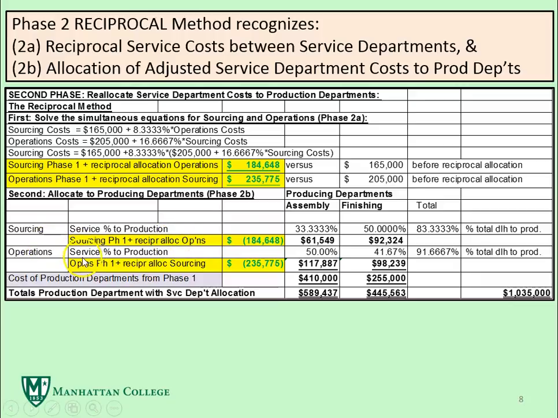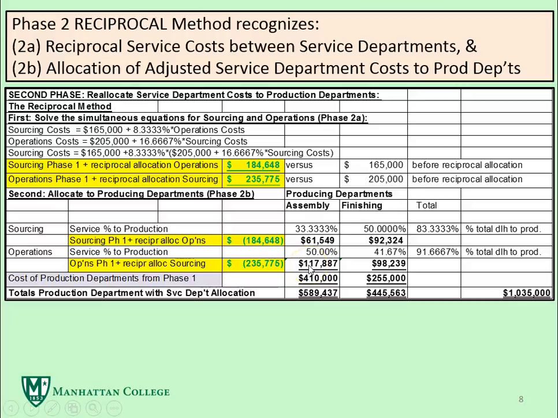For the operations department, take the adjusted operations cost from phase 1 plus the reciprocal allocation from the sourcing department in the first step of the reciprocal method. Now we have $235,775 to allocate between the producing departments, assembly and finishing.